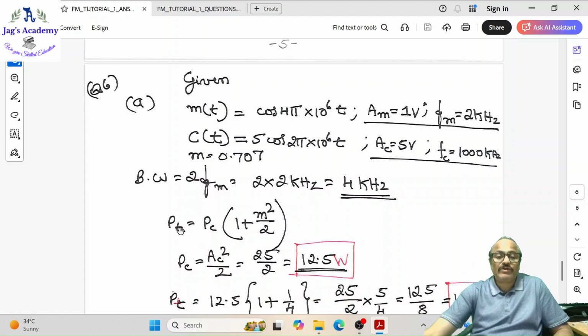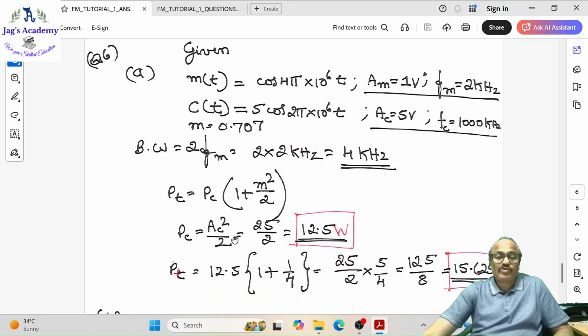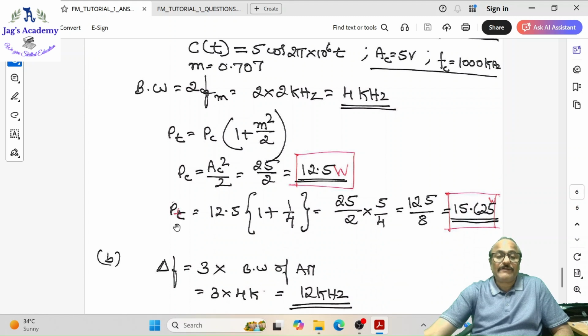What is power? You know the power formula. Pt is equal to Pc, the carrier power, into 1 plus m square by 2. m is given. What is Pc? Ac square by 2. So calculate the power of the AM wave. If you calculate, you will get it as 15.625. Just apply these values here.